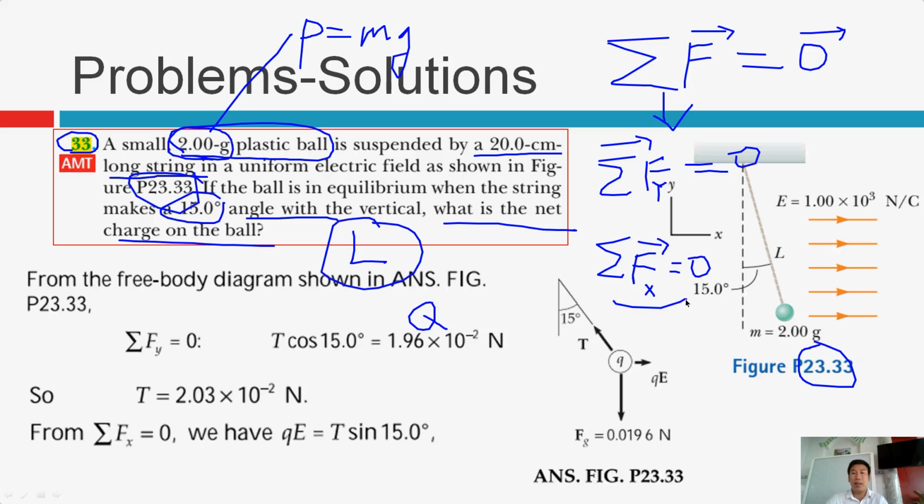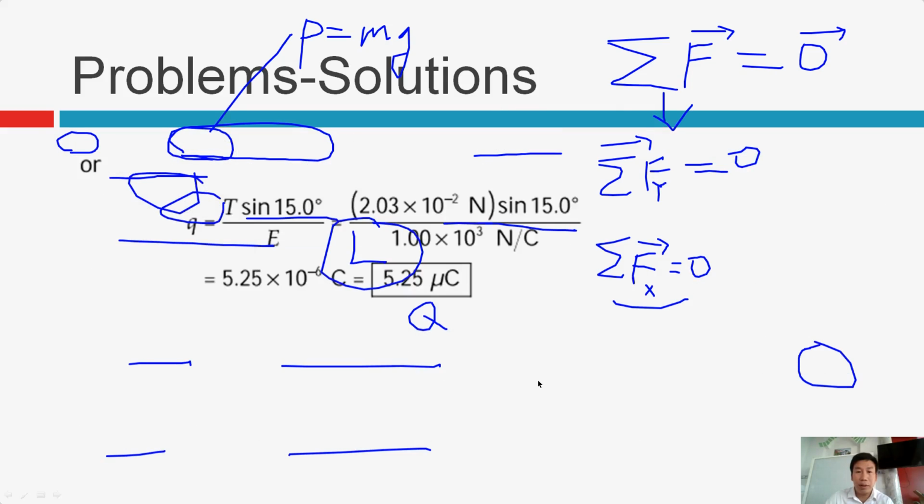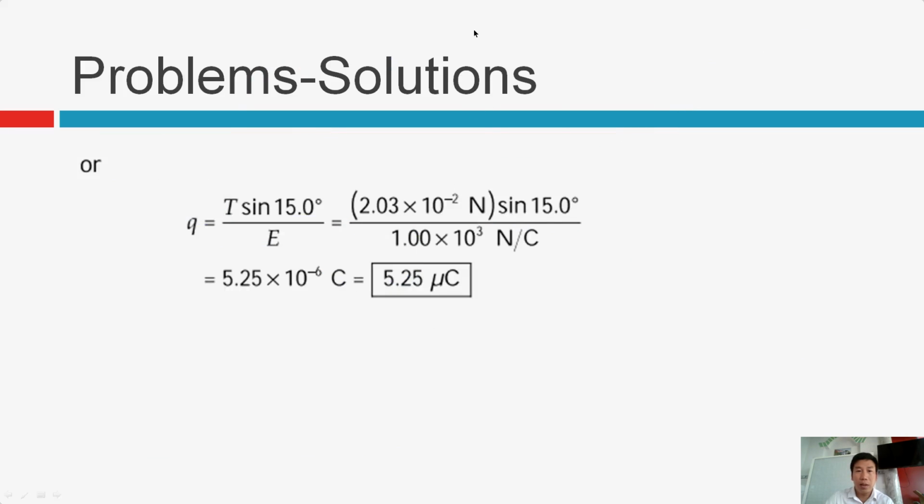Just apply this and find the charge. Here they give you two conditions, right? And it's the same as with the previous question. After that, you will have the result here. Any question? If not, I move to the next problem.